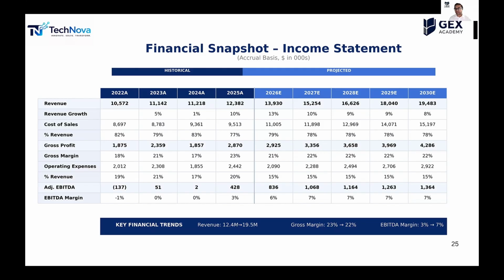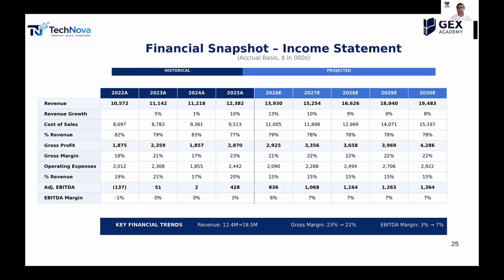As a result, the company has started to generate meaningful EBITDA after operating near break-even levels in prior years, right? Adjusted EBITDA increased to approximately $430,000 in 2025, representing an EBITDA margin of approximately 3%, with management projecting continued margin expansion over the forecast period, right?